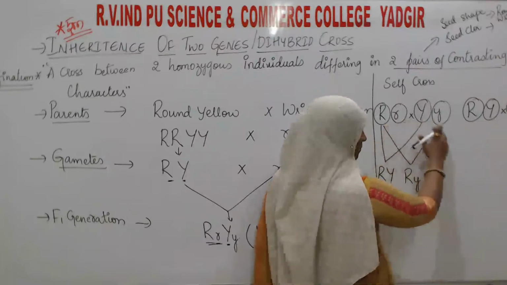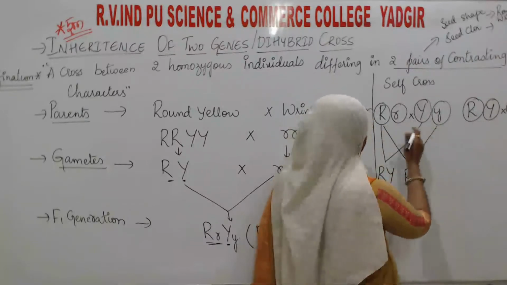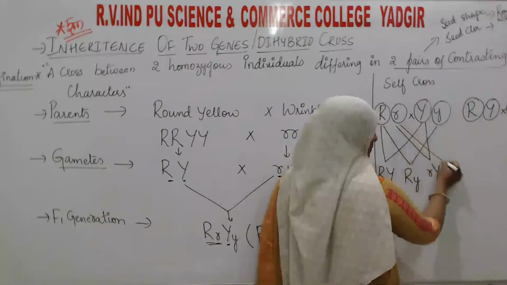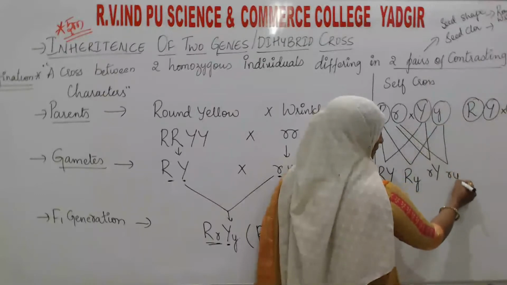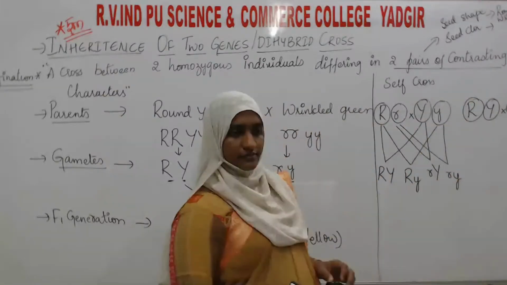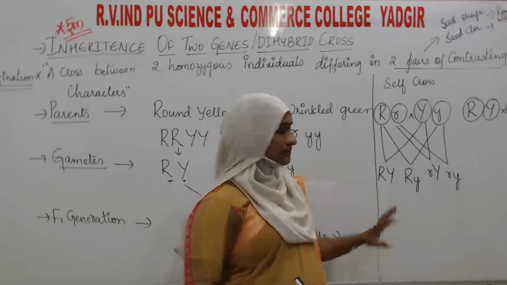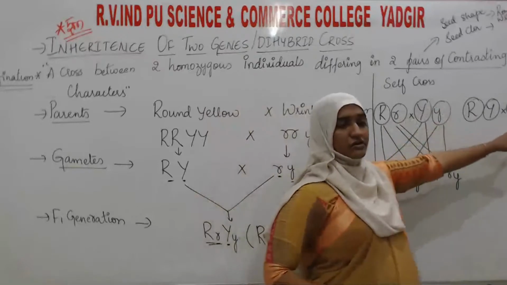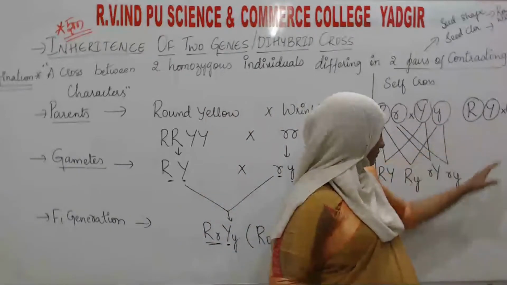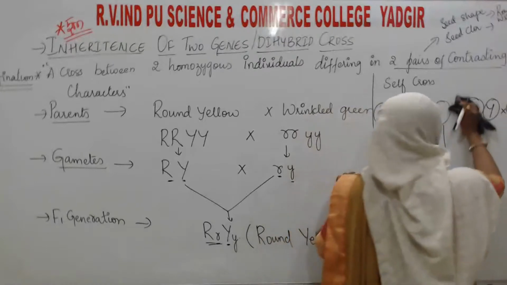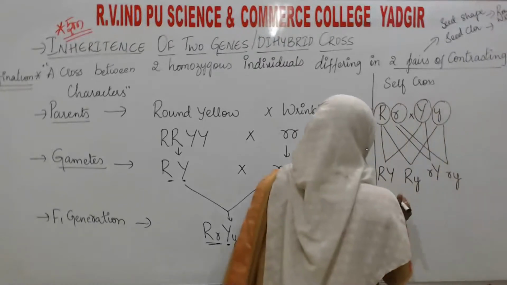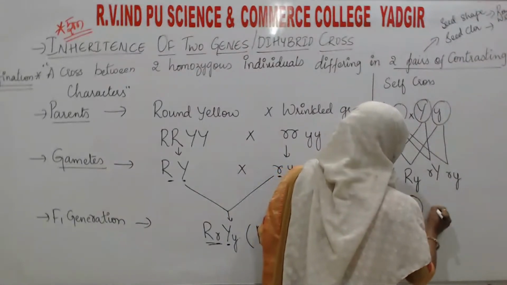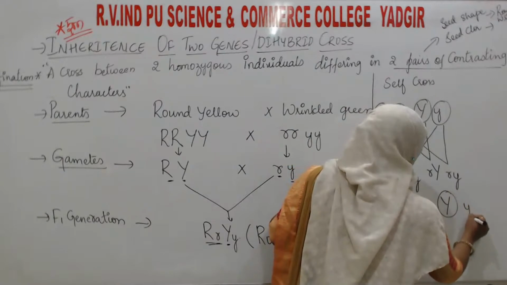Then small r, capital Y, then small r, small y. In this sense, we cross this one as well as that one. It is not possible to visualize here, so I will show you.